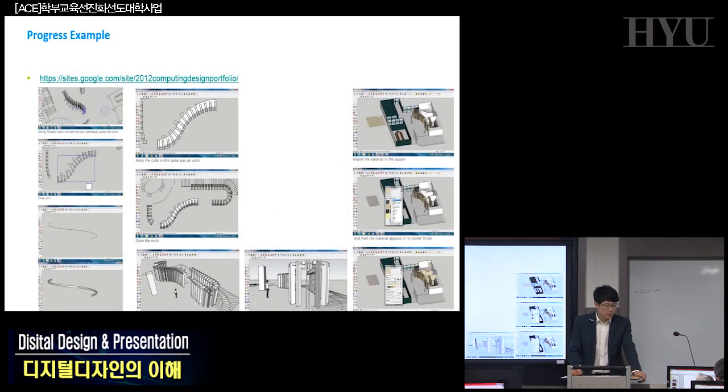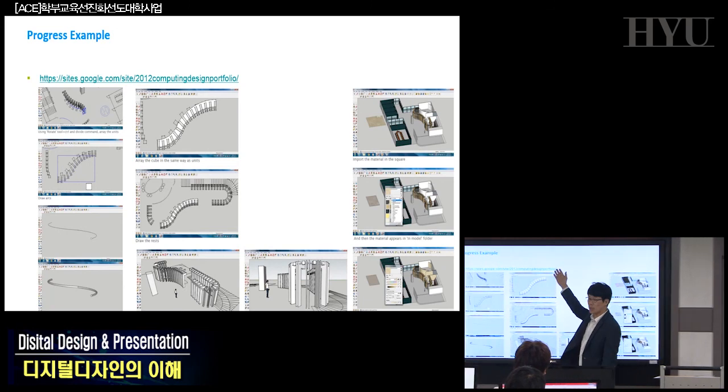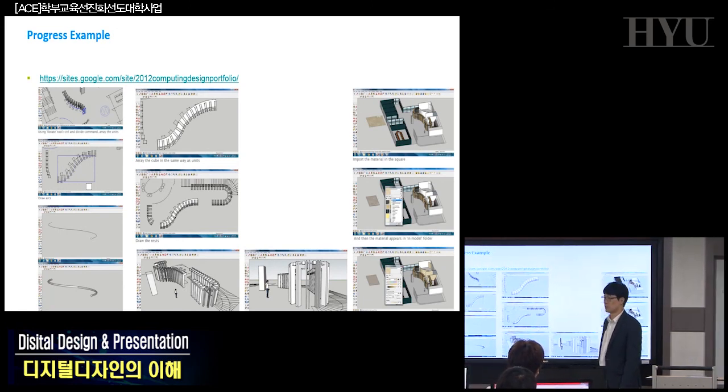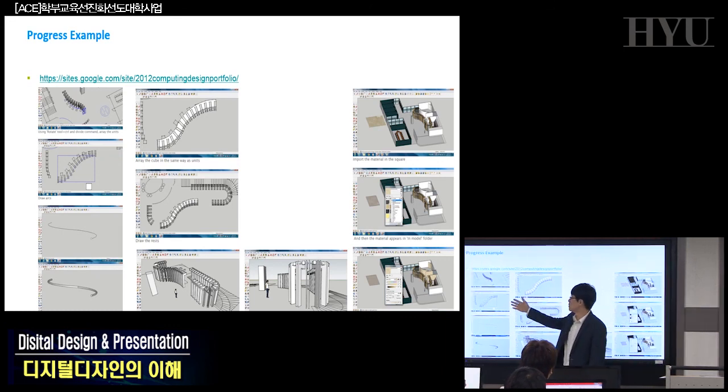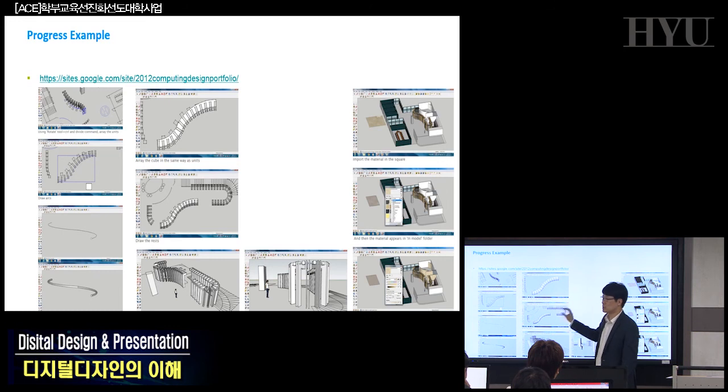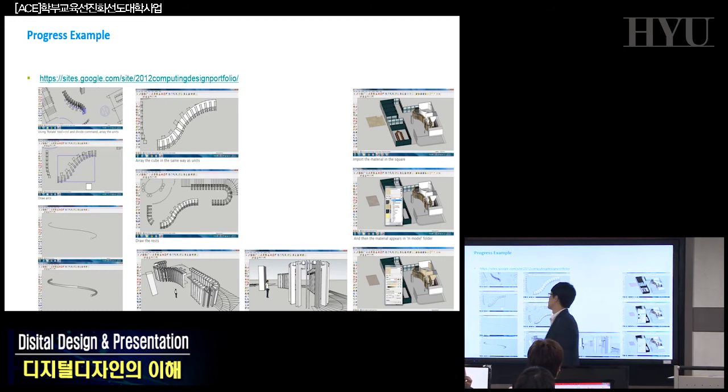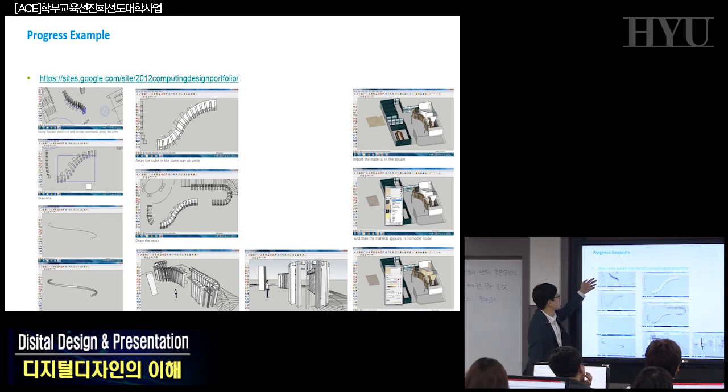Okay, next example shows you a progress example. According to this example website I gave you through the course final project description on our course website, you can find out how to model this structure through a series of SketchUp screenshots.